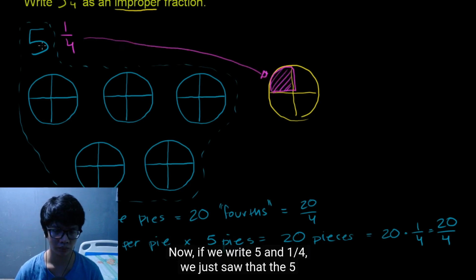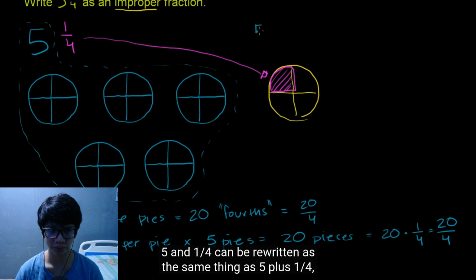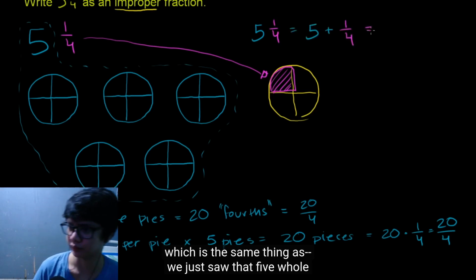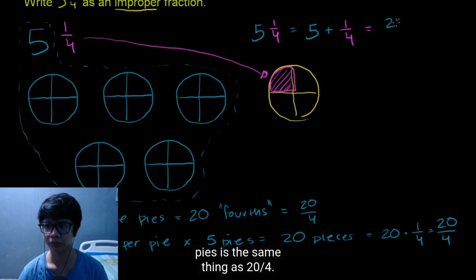Now, if we write 5 and 1/4, we just saw that the 5 right here is 20 over 4. So we could rewrite this. 5 and 1/4 can be rewritten as 5 plus 1/4, which is the same thing as, we just saw that 5 whole pies is the same thing as 20 fourths.